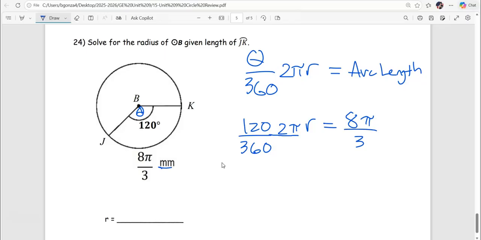To get rid of this divided by 360, we need to do times 360. And then to get rid of the 120 times 2 times pi, 120 times 2 is 240 pi, so we divide by 240 pi.